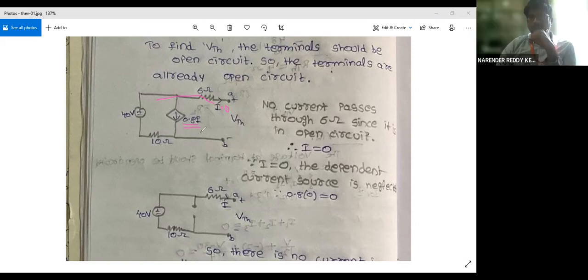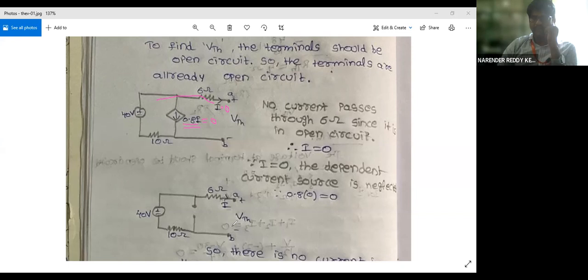So what will the equivalent be? The equivalent will become like this. When can we assume that the current magnitude is equal to zero? When it is replaced with an open circuit. For a voltage source, for the voltage to be zero, it should be replaced with a short circuit. For a current source, to make it zero, you replace it with an open circuit.